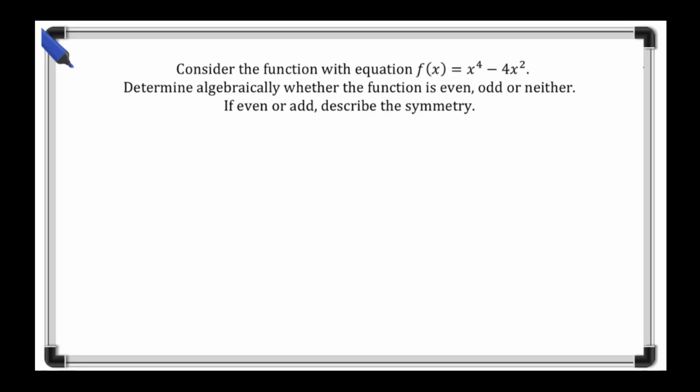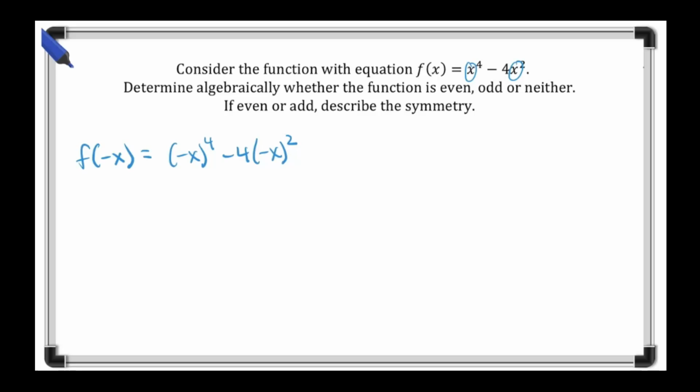So here's this algebraic test. f of negative x means I'm going to take all of those x's and substitute those in for a negative x. So I'm going to take negative x to the 4th power minus 4 times negative x squared. Notice I took parentheses whenever I've got that negative x.